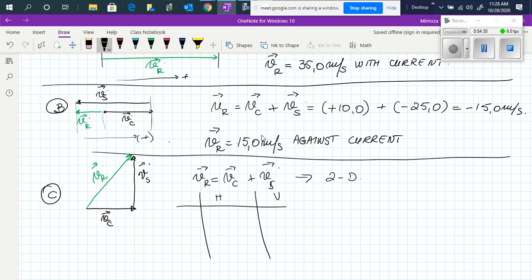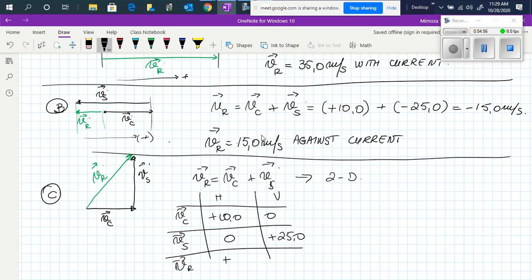So horizontal, vertical; this is an easy one, but still we'll do it. The velocity of the current will be positive 10 and 0, and the velocity of the swimmer will be 0 and positive 25.